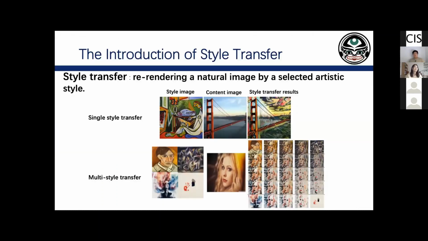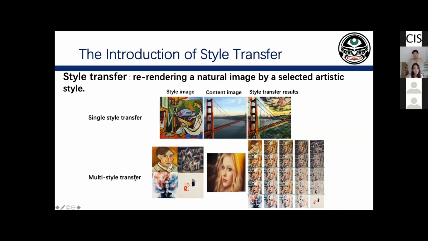Here I want to firstly introduce style transfer. Style transfer means rendering a natural image in a selected artistic style. There are two kinds of style transfer methods. The first one is single style transfer, where we use one style image and one content image to get a result.